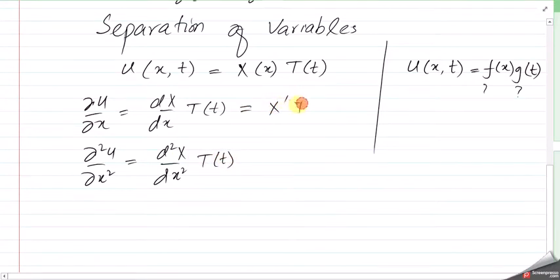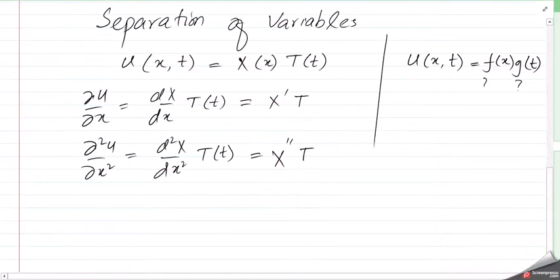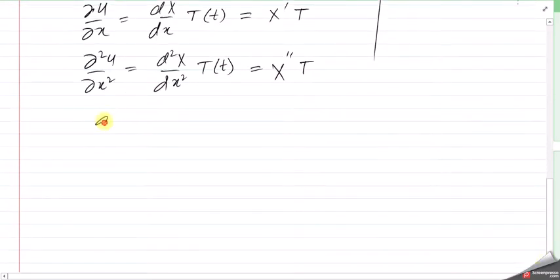Sometimes we write it as X prime and this one as X double prime. And when we differentiate the same thing with respect to t, now X will not change and it will be dT over dt, or sometimes we write it as T prime.